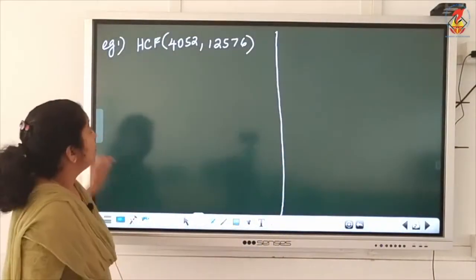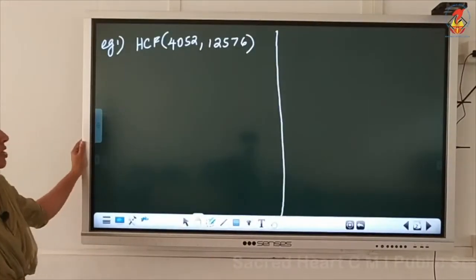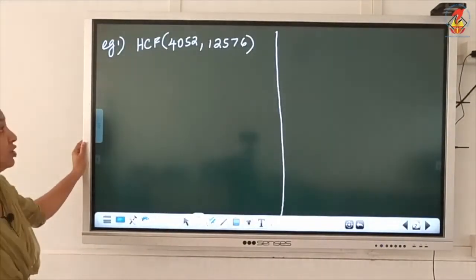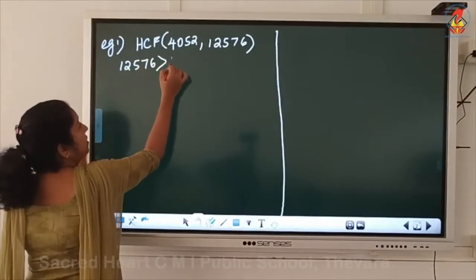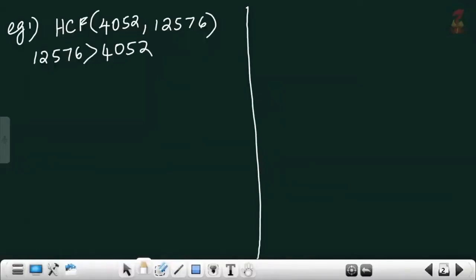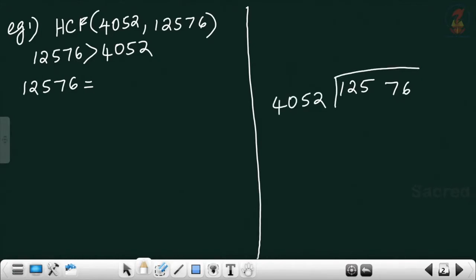Next is HCF of 4052 and 12576. 12,576 is greater than 4,052. So, write 12,576 in terms of 4,052. Divide 12,576 by 4,052.